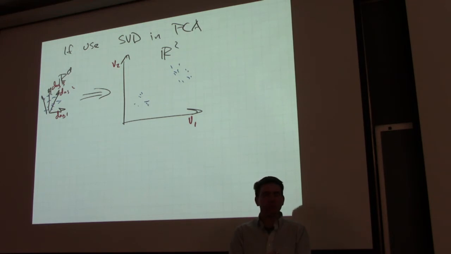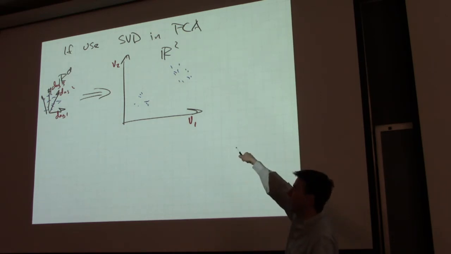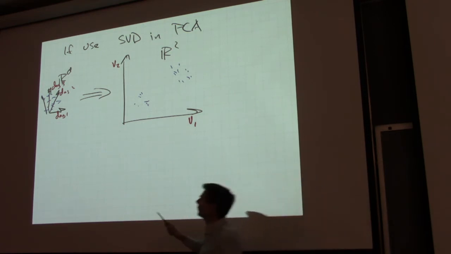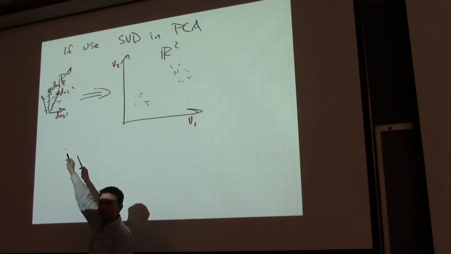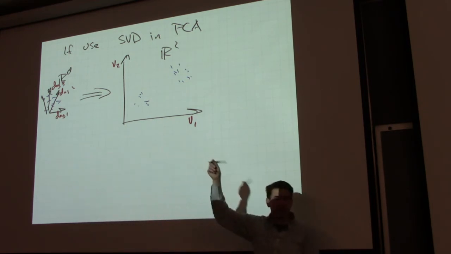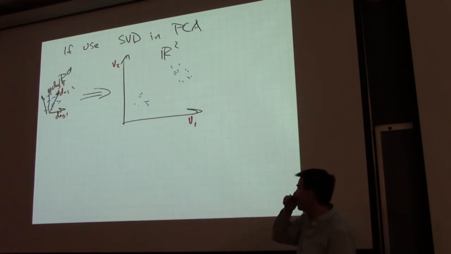If I want to reduce the dimensionality down, but retain the interpretability of the axes here, this would be something that would be useful. Here I understand what the coordinates mean in the original data set. I don't once I do the singular value decomposition or PCA anymore.